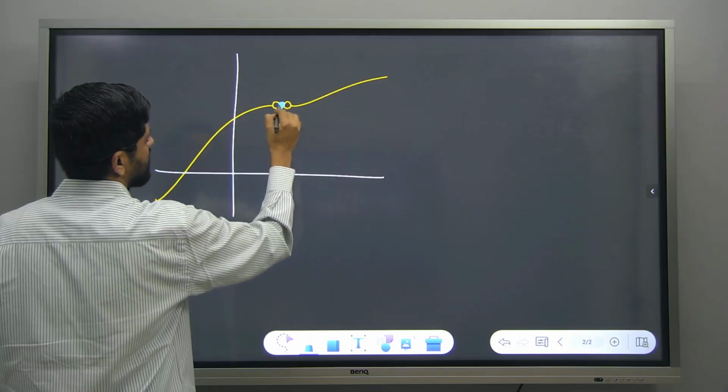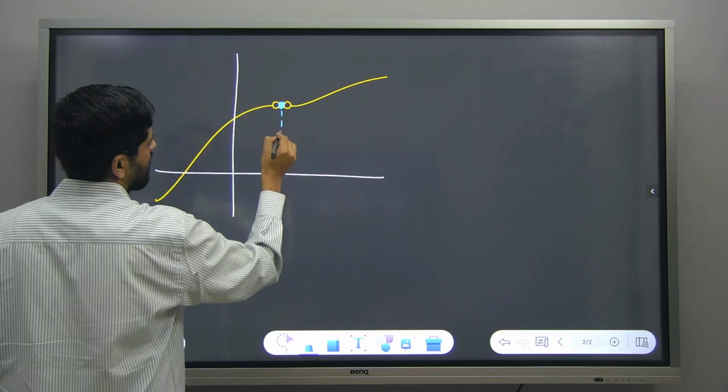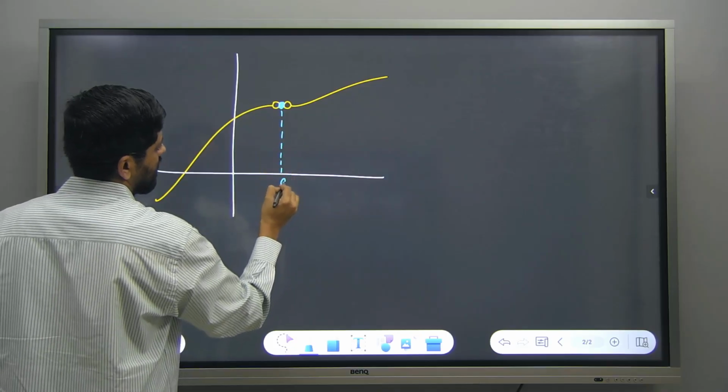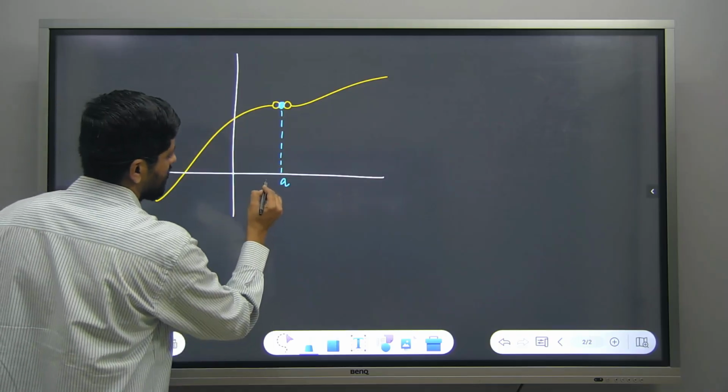So this is the function and the point is, say, A. This is the point at x is equal to A.